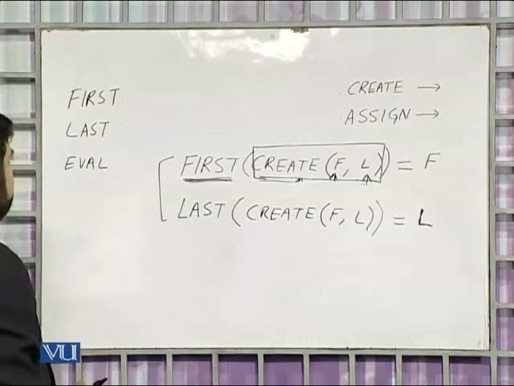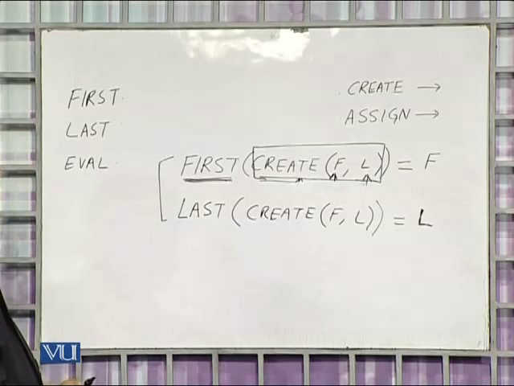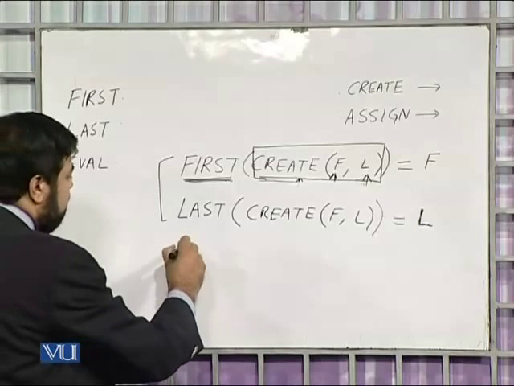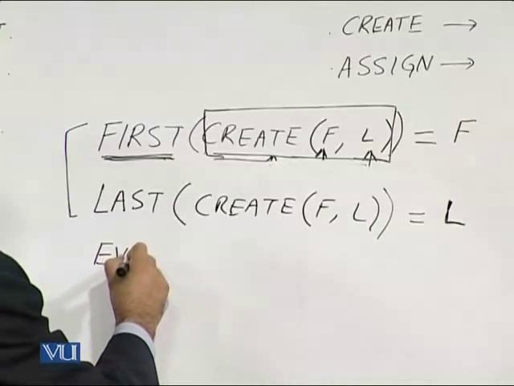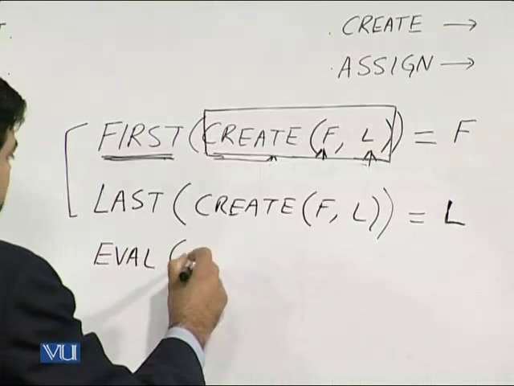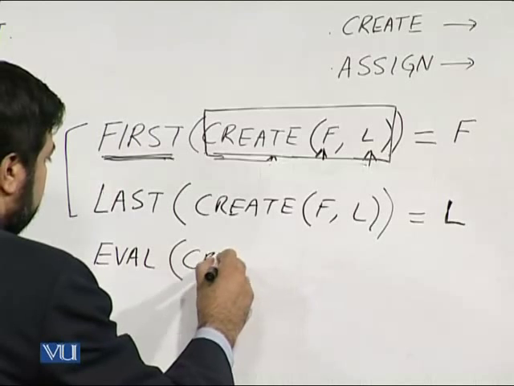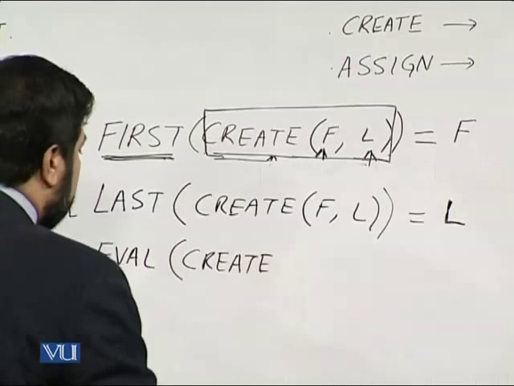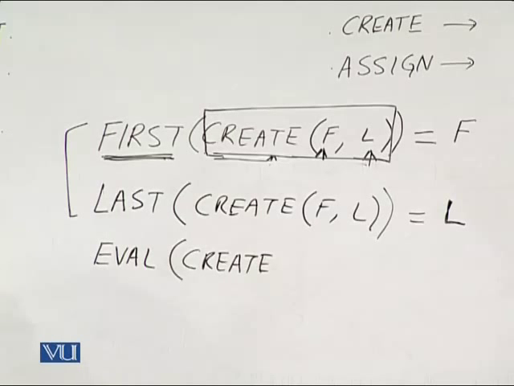Now let us look at a slightly more involved example, and that is, let us write the eval function for this create. So eval takes two parameters.